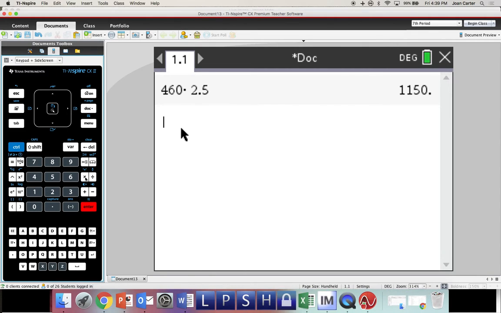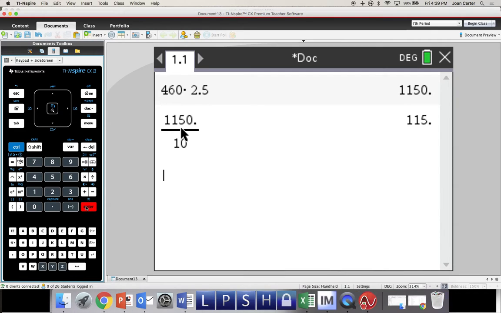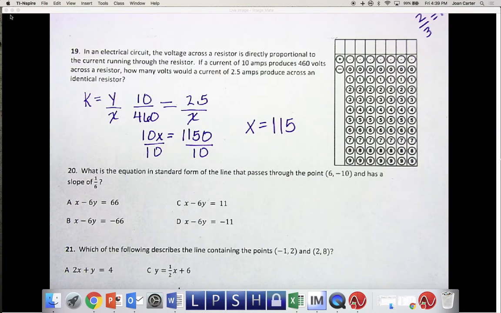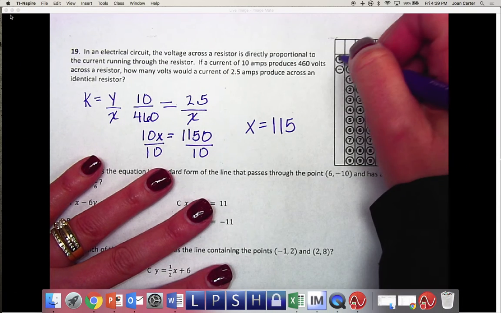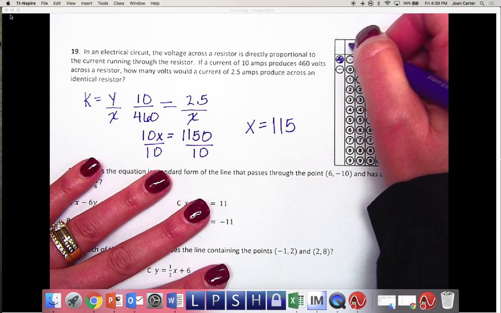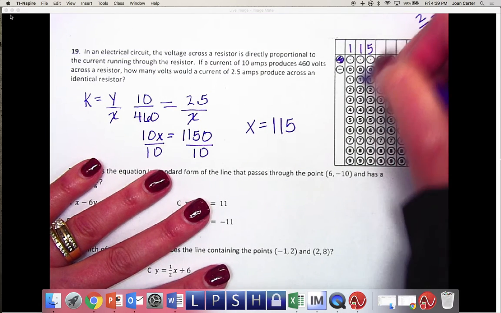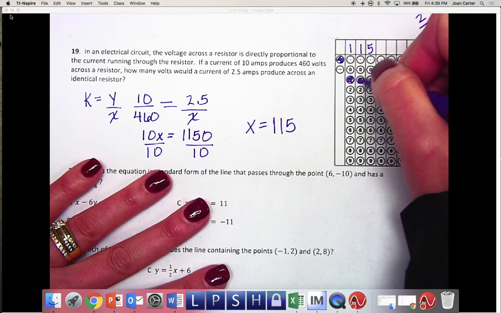And now I need to divide both sides by 10. So if I divide that by 10, I get 115. Okay. Again, if you want to, you can do the plus sign, but you don't have to. And then just bubble in.